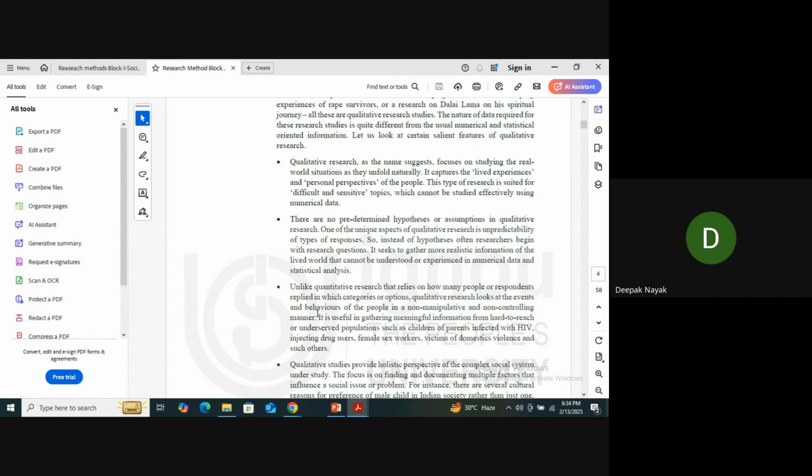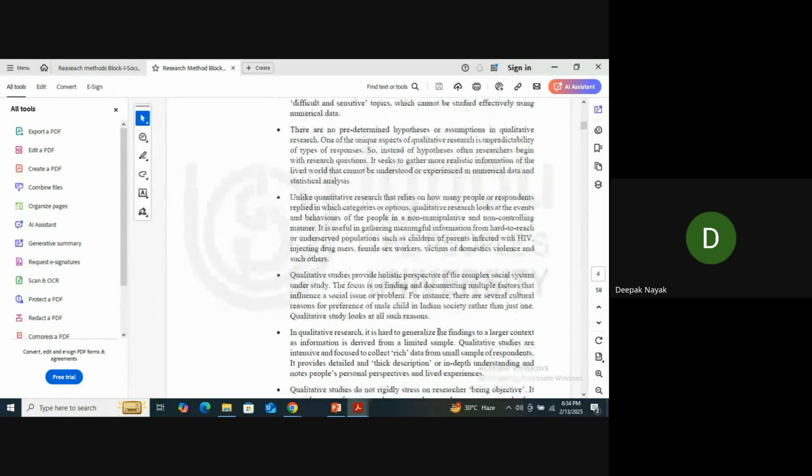You have to be among the people and try to understand what exactly happens in domestic violence. Even when you research on prostitutes, or when you research on HIV patients, you cannot just count them by numbers. You have to go into them and try to understand the subjective aspects of things, making them more vulnerable to those problems.